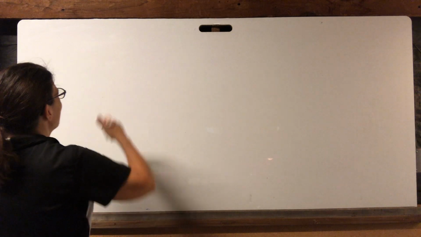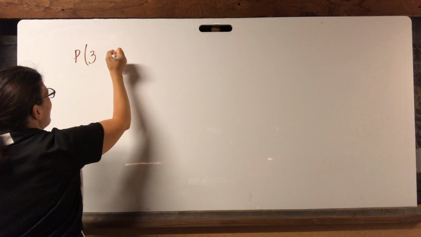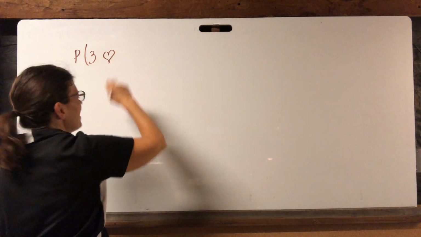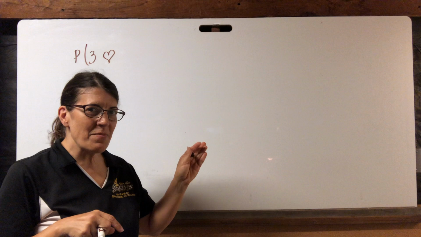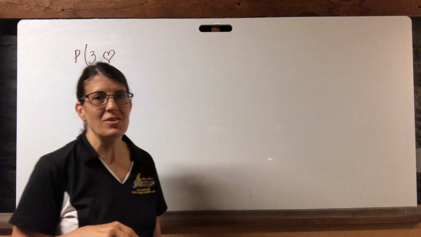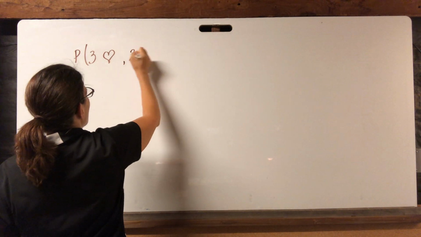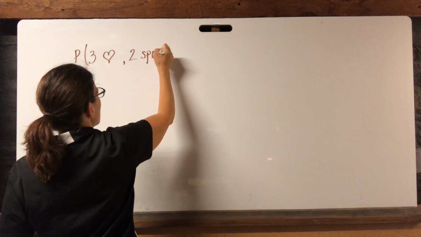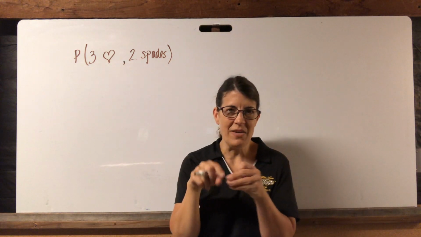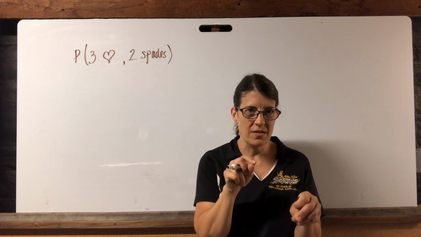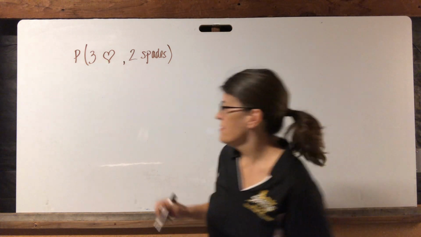Can you hear everything crashing? I'm really sorry, I think I said it wrong. We're going to do 3 hearts and 2 spades. I apologize. 3 hearts and 2 jacks is too complicated because what if you get the jack of hearts? So, 3 hearts, 2 spades.